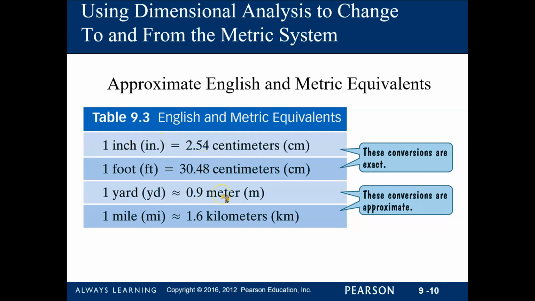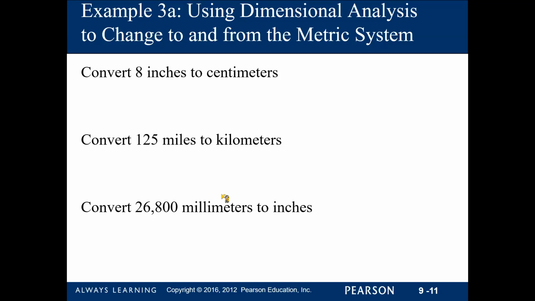What we do is use dimensional analysis, wherein we write the given value, 8 inches, and multiply it with a conversion factor. Remember, whatever is the given unit will be in the denominator, so inches is here, and our desired unit is on the numerator.